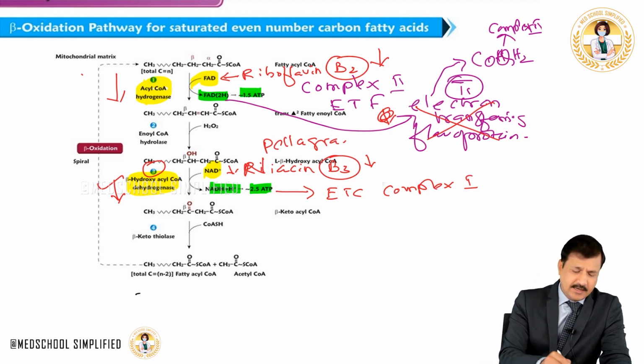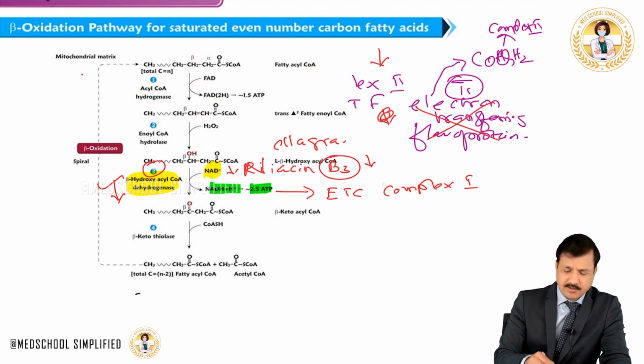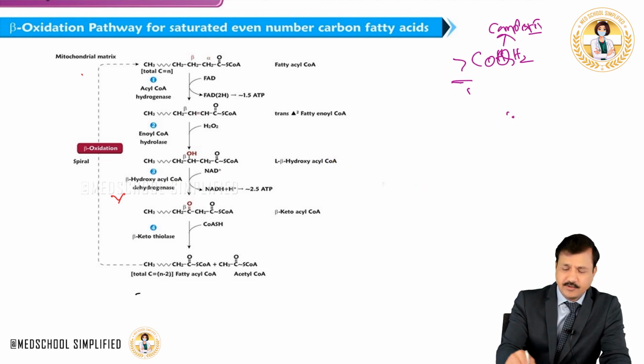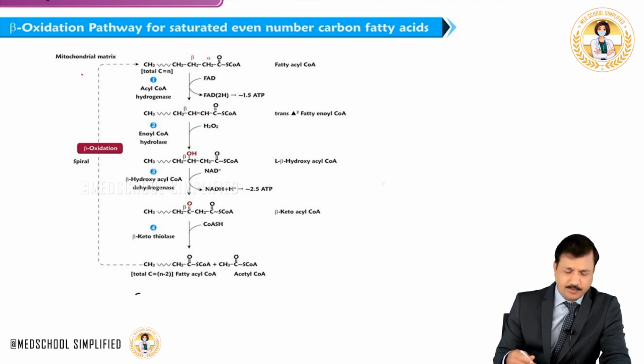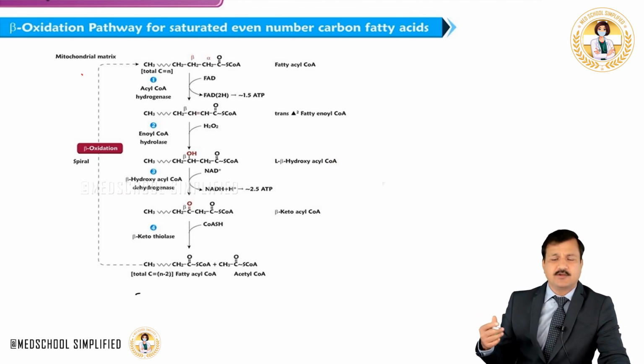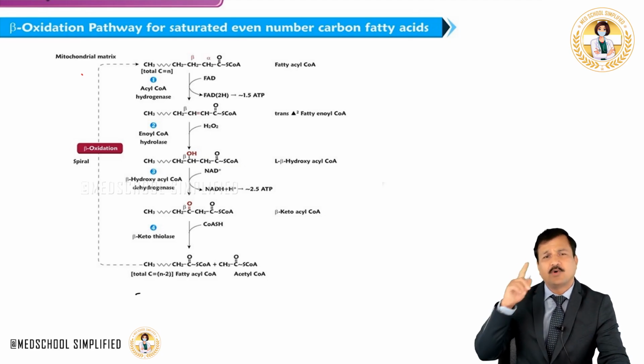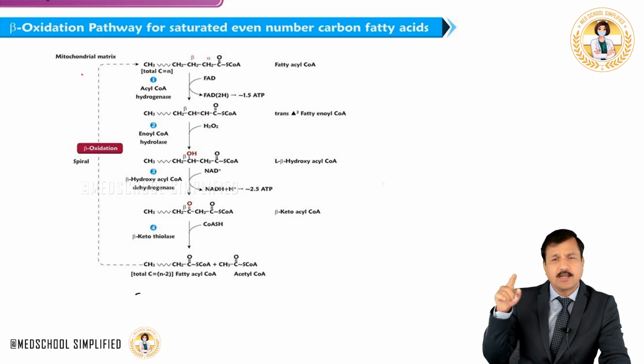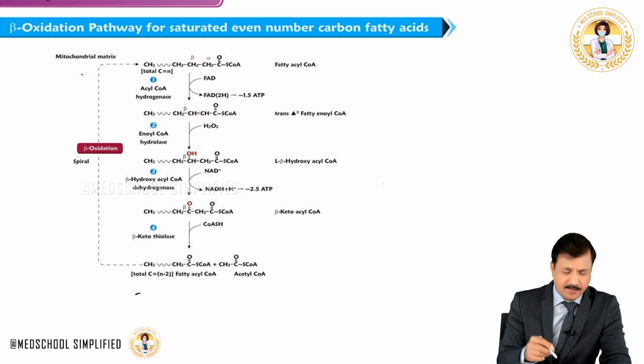Now once we know some of the clinical aspects in these reactions, let me tell you where all this NADH and FADH2 is produced and how many ATPs we get from one spiral of beta oxidation. We are going to consider one spiral to calculate ATPs and use that number later.